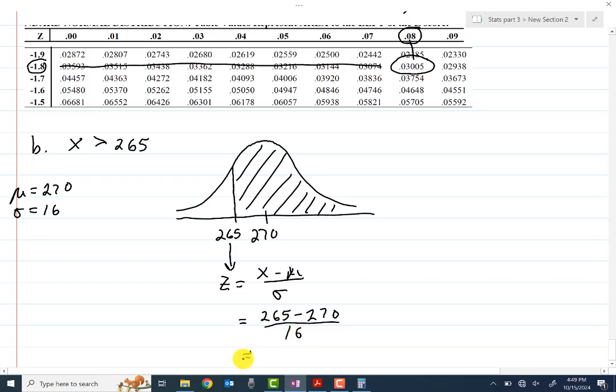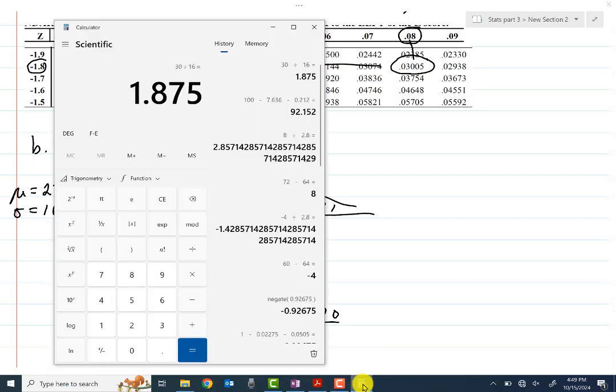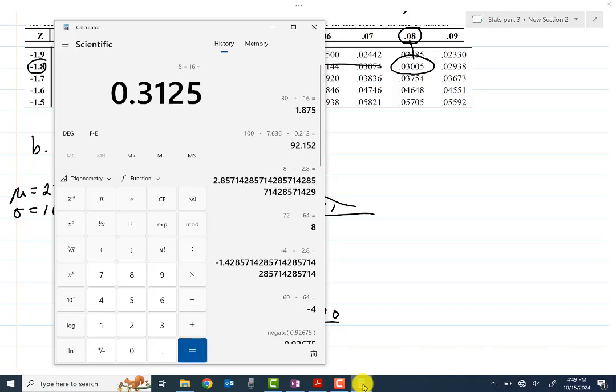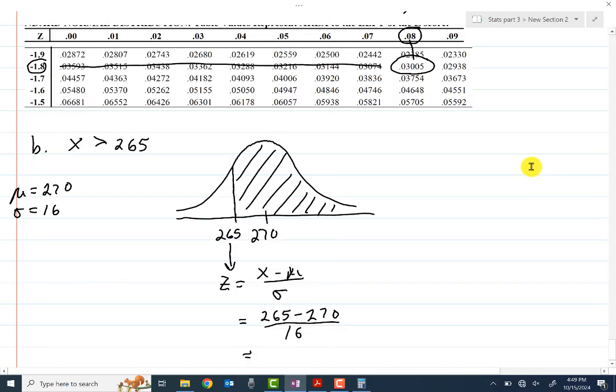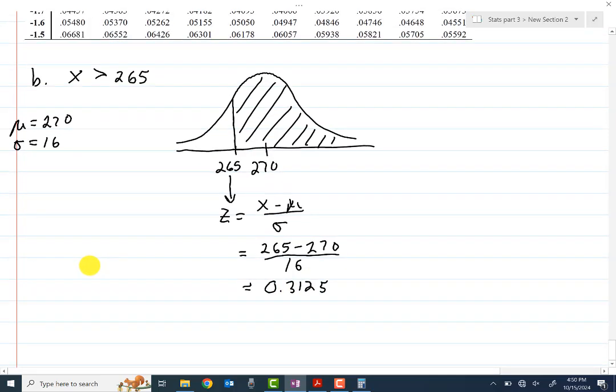So we have negative 5 over 16, which is negative 0.3125. But of course, since you're going to be using this on the table, you need to round. In this case, 2 decimal places is negative 0.31.